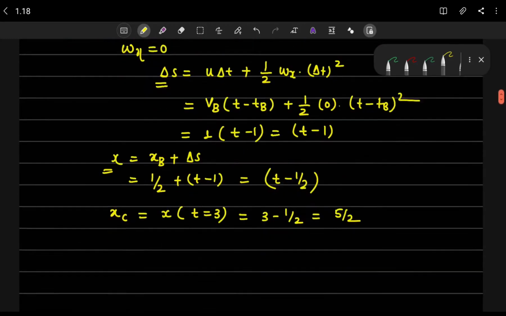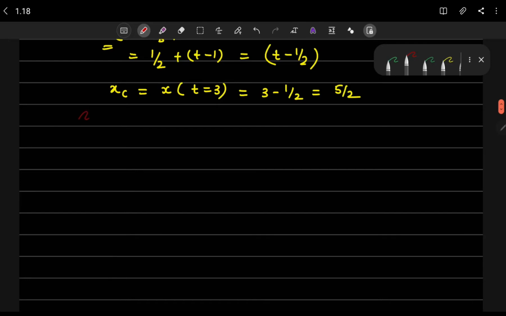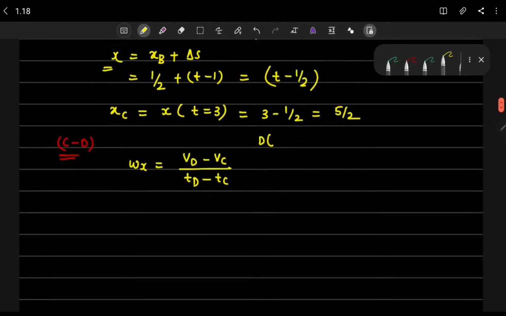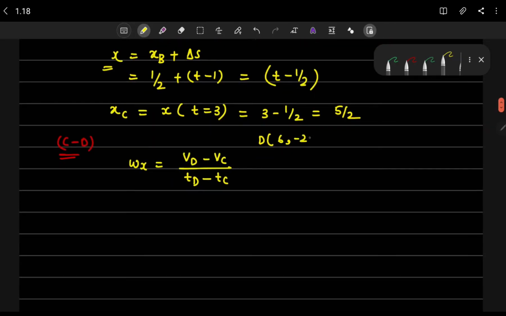Now let us come to the region C to D. In the region C to D, again the acceleration we can write as velocity at point D minus velocity at point C, whole divided by time at point D minus time at point C. The coordinate of point D is 6 comma minus 2, and the coordinate of point C is 3 comma 1.